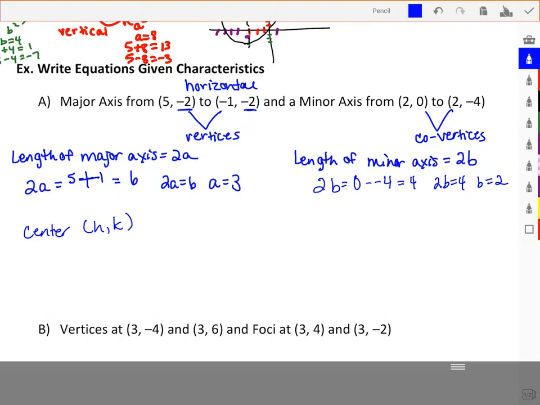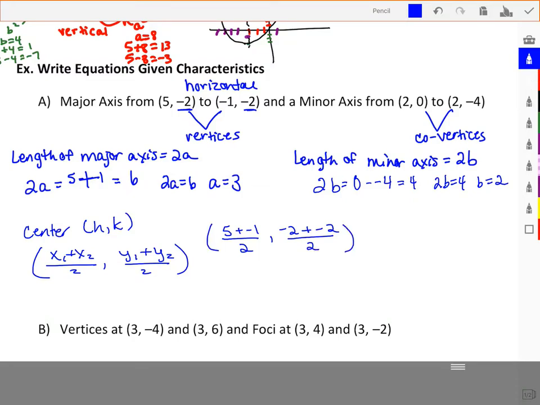This is why we did what we did in class on Tuesday. We're going to use the midpoint formula, which remember is x1 plus x2 over 2, y1 plus y2 over 2. So I've got 5 plus a negative 1, this is from my major axis, over 2, comma, negative 2 plus negative 2 over 2.